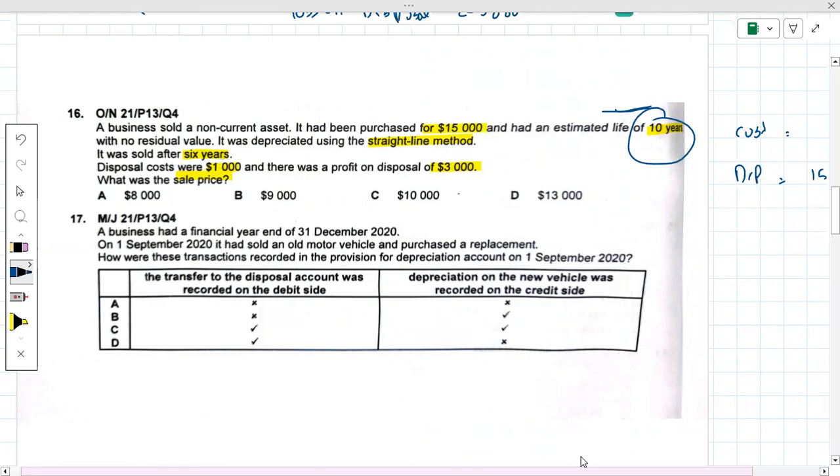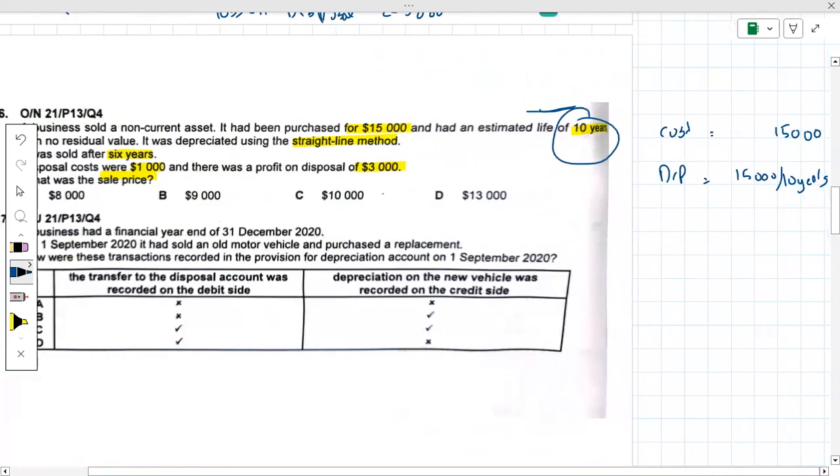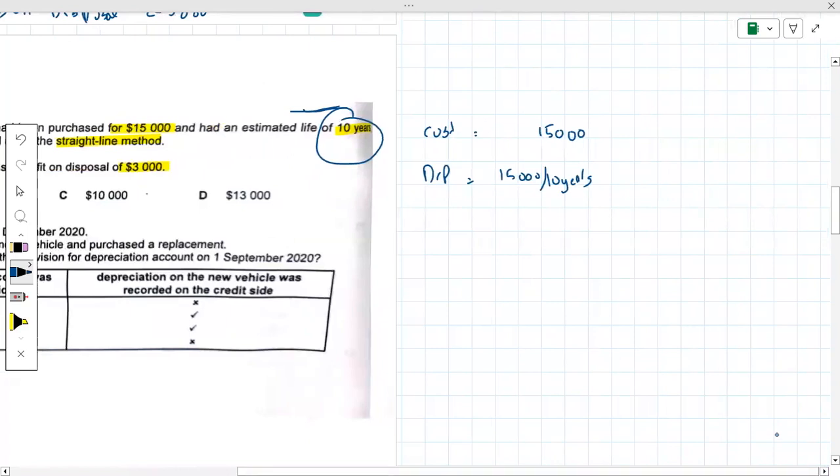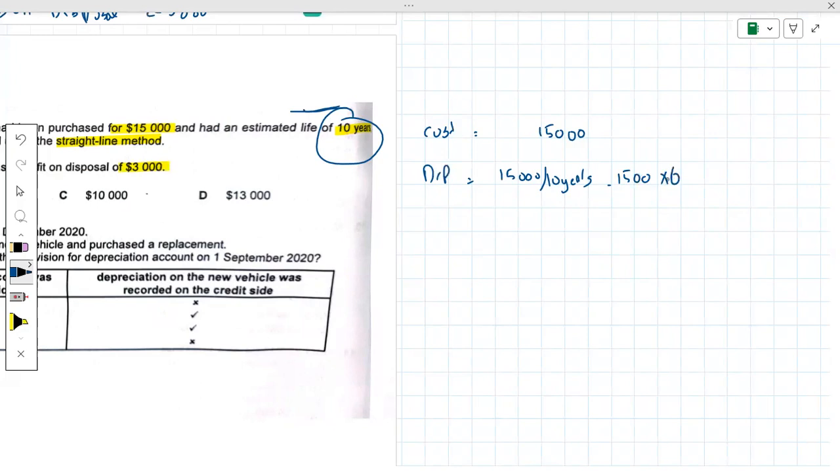So that is why we have to find out the depreciation for the 6 years. So 15,000 divided by 10, so your yearly depreciation would be $1,500. But because we are trying to find out the depreciation for 6 years, we have to multiply it by 6 years. 1,500 multiplied by 6.